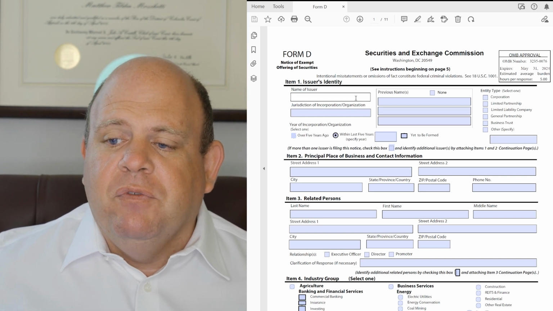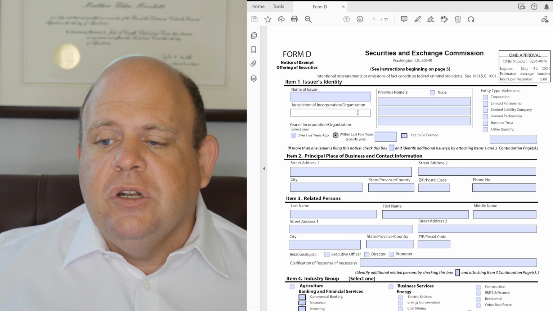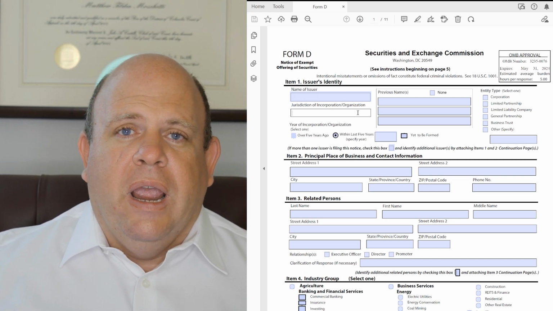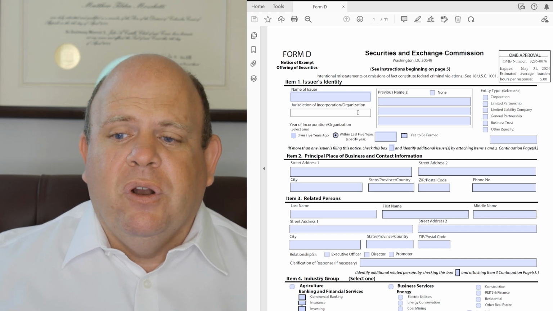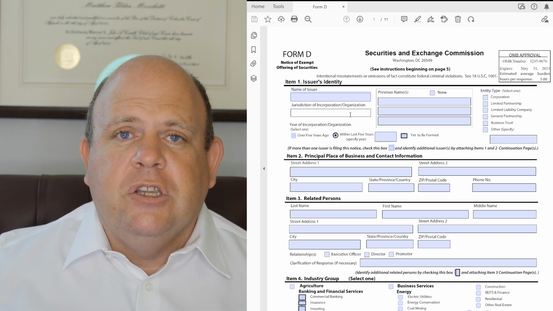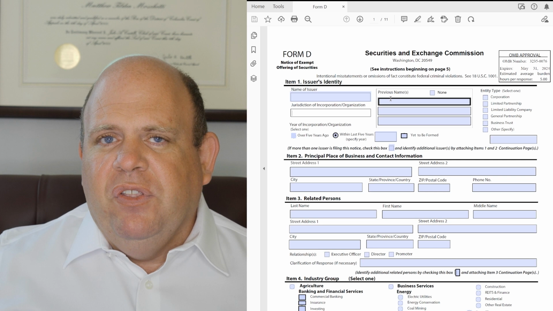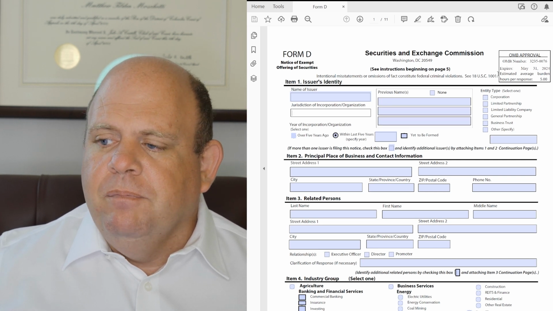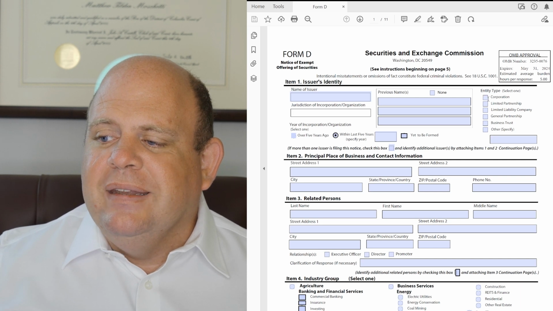So it has the name of the issuer, the jurisdiction of incorporation, so if it's a Delaware LLC or a Nevada LLC or wherever it is, that's the jurisdiction that it's in. If it's ever been in existence before, there's some previous names that go here. And then we choose entity type.